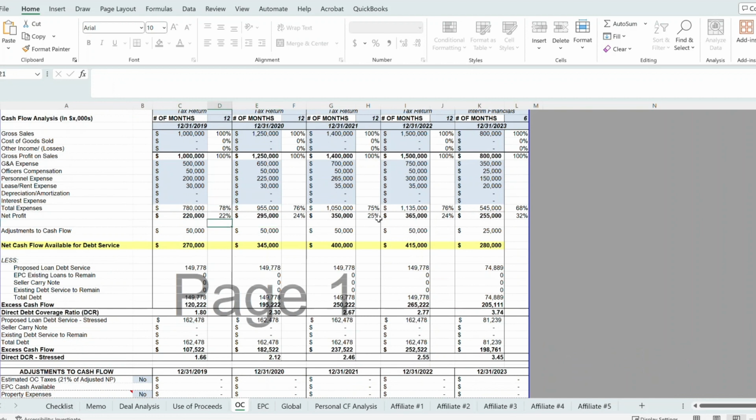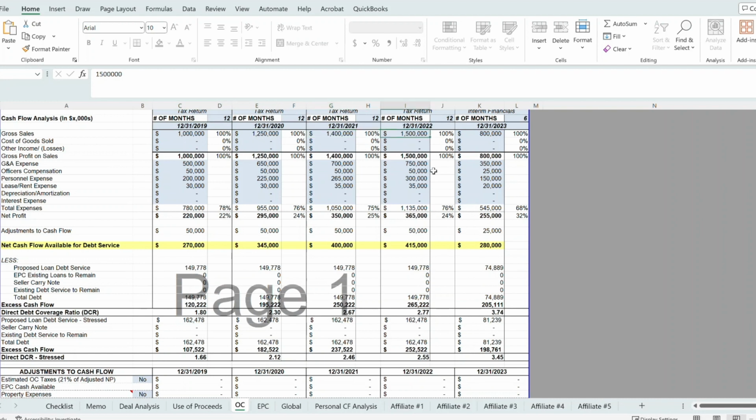We are looking to see what the net profit is for the tax returns, what the G&A is, if there is any COGS, what the percentages are, because there are no cost of goods sold, and this is a service business. You can see the trending. So revenue went from 1 million in 19 to 1,250,000 in 2020, 1.4 in 21, 1.5.